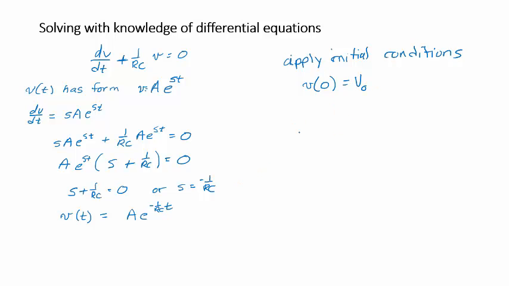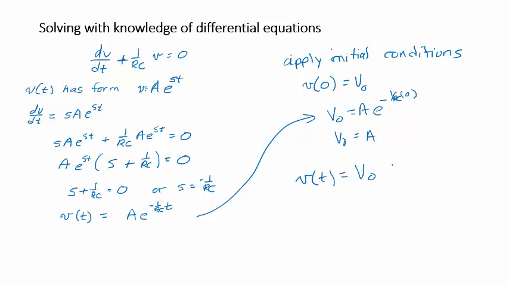So I substitute that in here, and I get v0 equals a e to the minus 1 over rc times 0. E to the 0 is 1, and so once again we get v0 equals a. So our final solution to this differential equation is v as a function of time equals v0 e to the minus t over rc. Same as before.